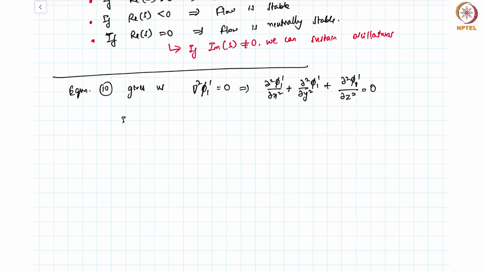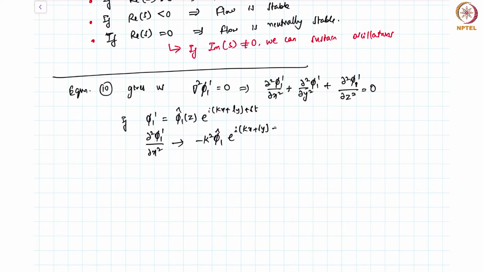Now, if phi 1 prime is phi 1 hat of z e power i(kx plus ly) plus st, I can then say the second derivative with respect to x will simply give me minus k square phi 1 hat e power i(kx plus ly) plus st. This is what I'm going to get.